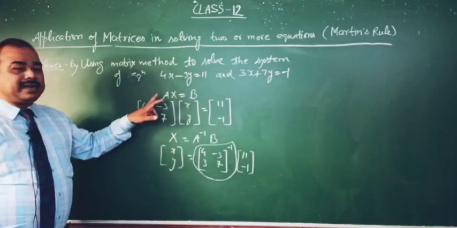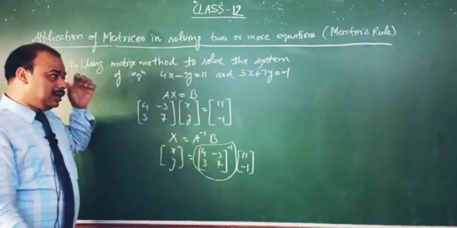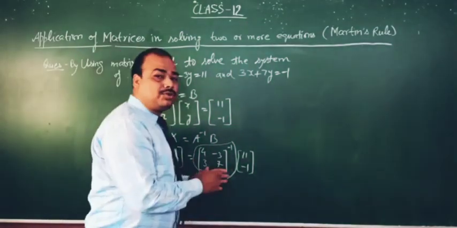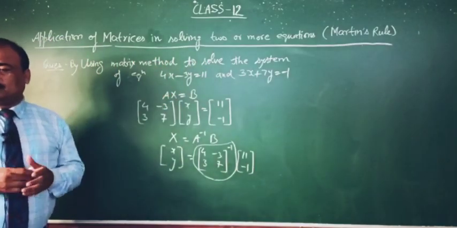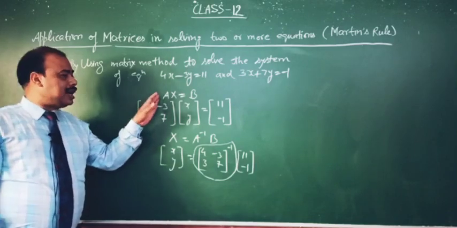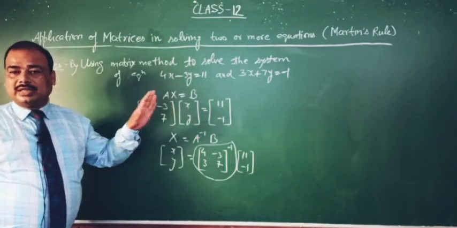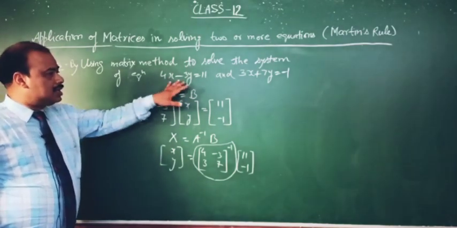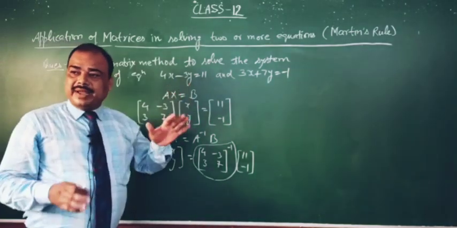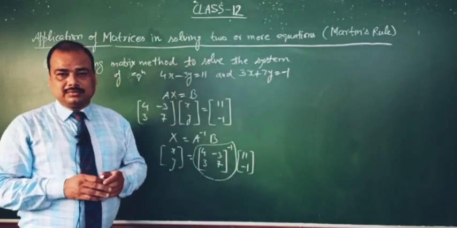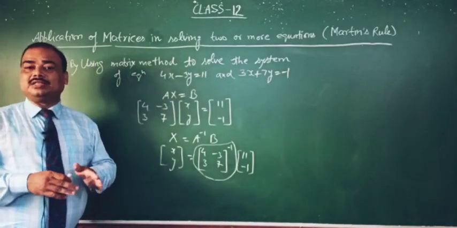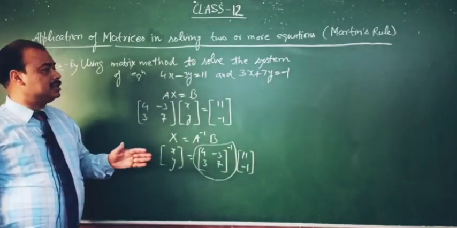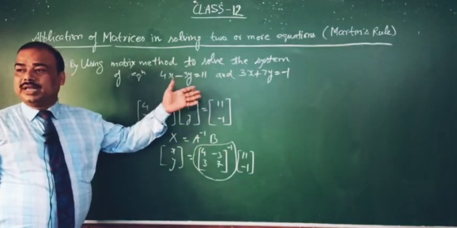It means matrix A. For that, we have to check the determinant of A. If the determinant of A is 0, then this system has many solutions or no solution. But if the determinant of A is not equal to 0, it means this system has a unique solution.